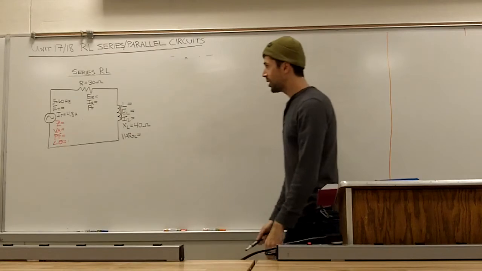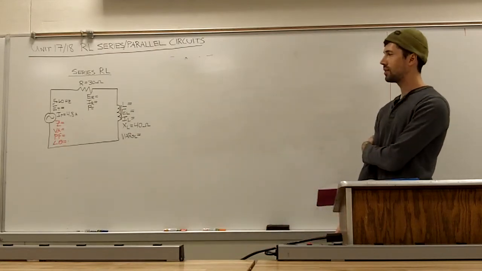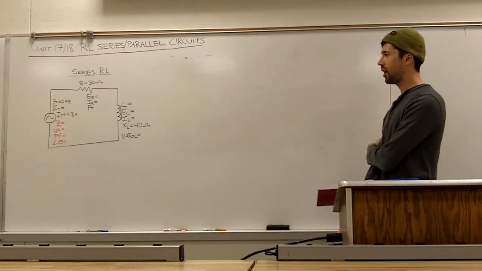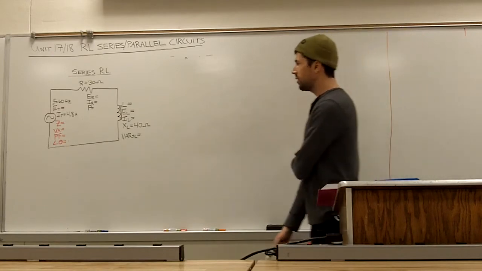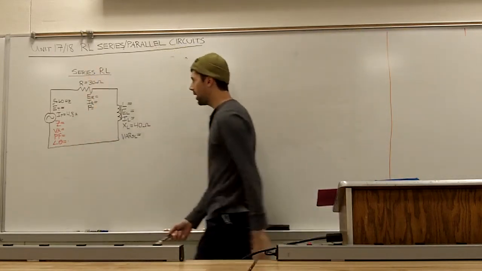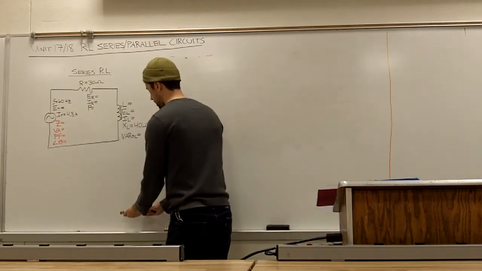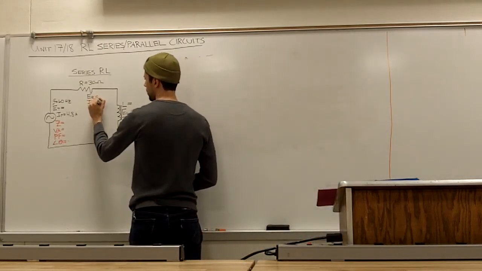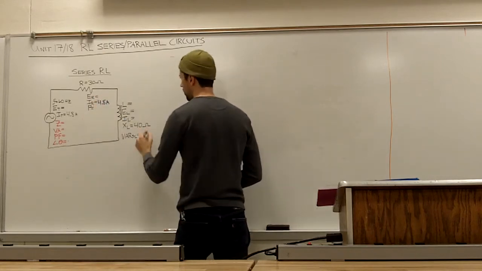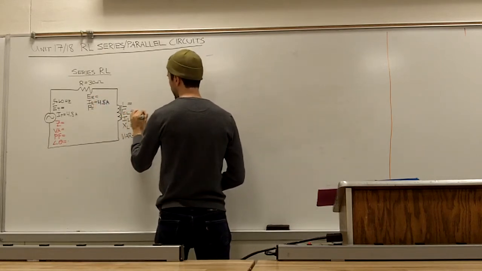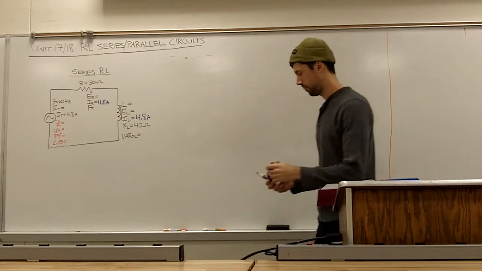First thing about a series circuit that we should all know is that current is the same everywhere. For this circuit, the total current has been given as 4.8 amps. So that means that we have 4.8 amps for the resistor, and we also have 4.8 amps for the inductor.